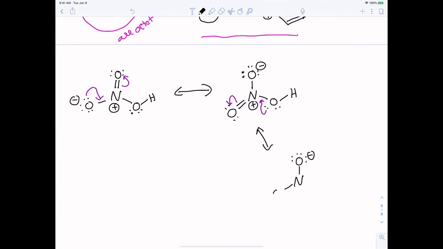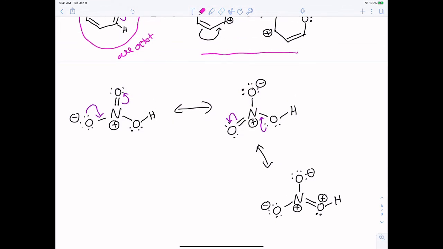This is a single bond again because we moved those pi electrons out onto oxygen, making a lone pair. I now have a double bond on this side. I only moved one of the lone pairs, so it still has 1, and then the bond to hydrogen. And then nitrogen has a positive charge, but so does oxygen.